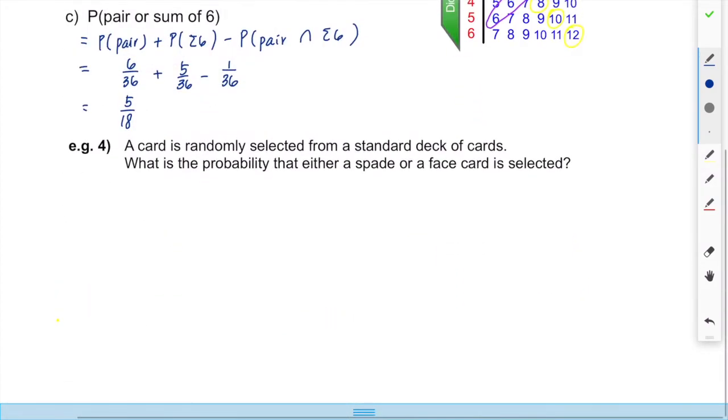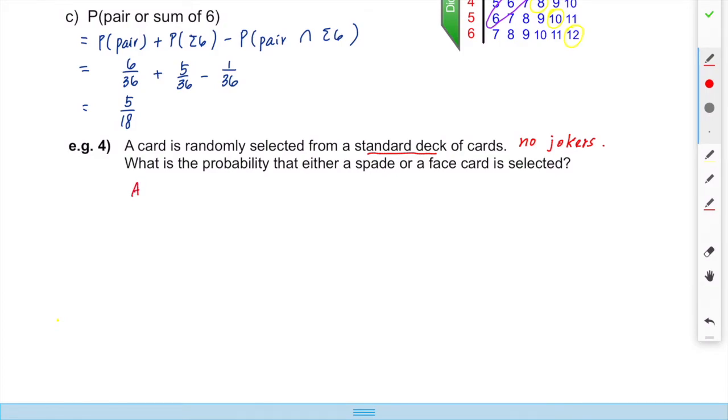Okay. Last question. So here we're talking about a standard deck of cards. So a card is randomly selected from a standard deck of cards. When we say that, that means that we are not including jokers. How many cards are there in a standard deck? Think.